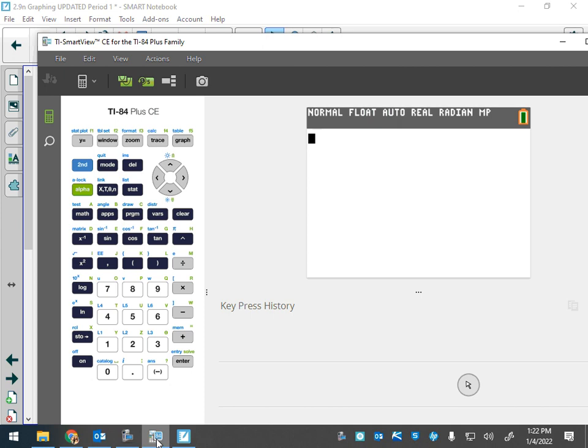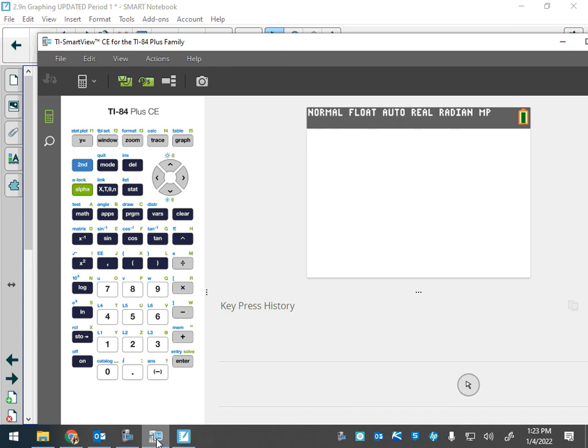Right. Now, I'm going to show you how to, number 1, reset your memory, because you will have to do this before and after your midterm. Okay? So before and after your midterm, I will be checking this to make sure your history is cleared.